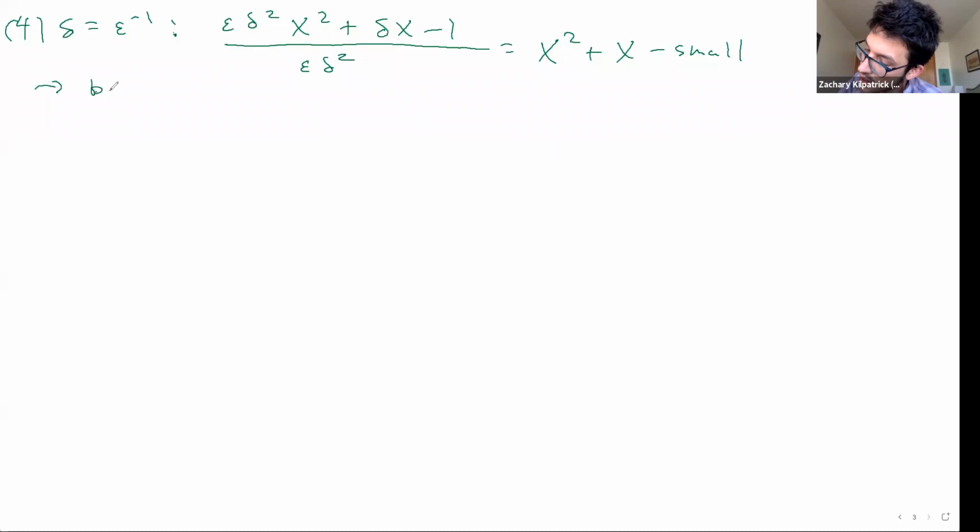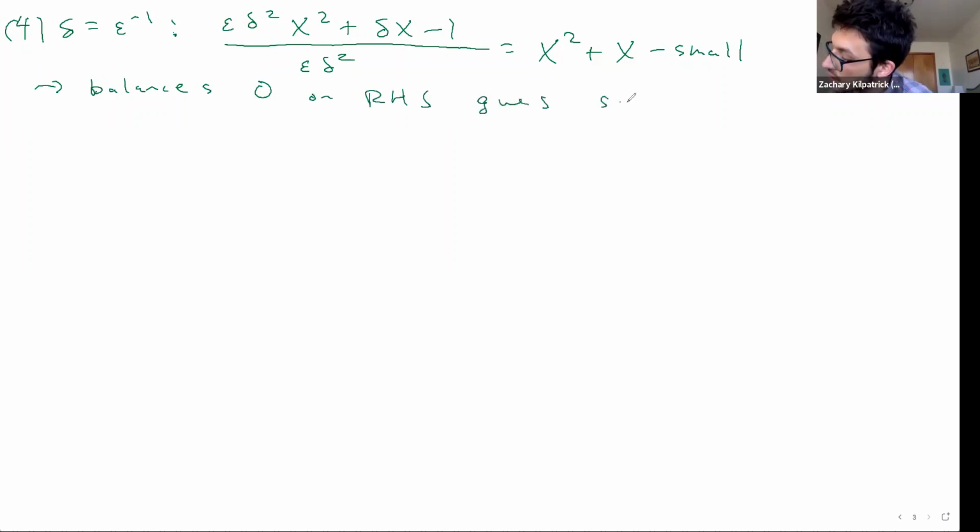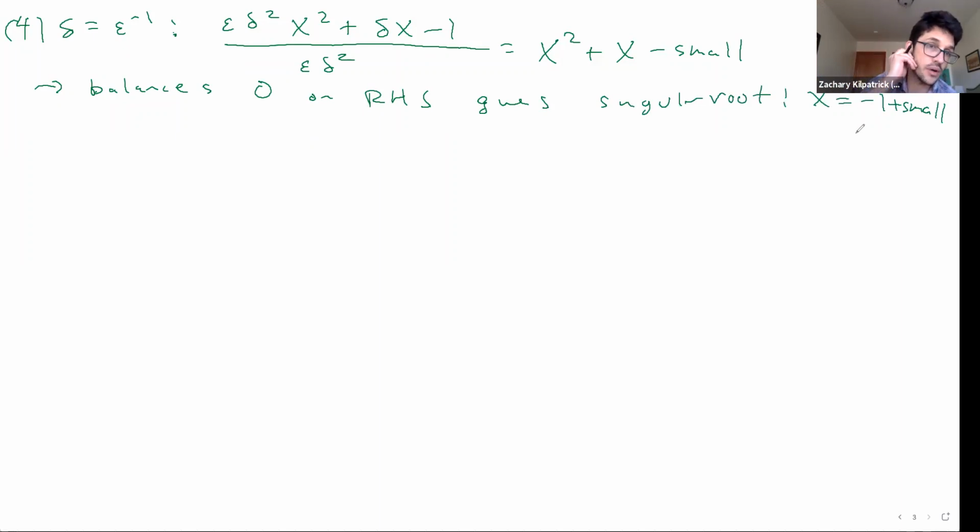And this is going to balance the 0 on the right-hand side, okay? And gives the singular root, right? x is equal to minus 1 plus something small, okay? So we have something non-trivial for the leading order term of x. That's order 1. And then we know that there's some trailing smaller terms after it, okay?